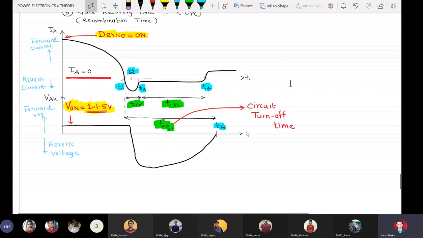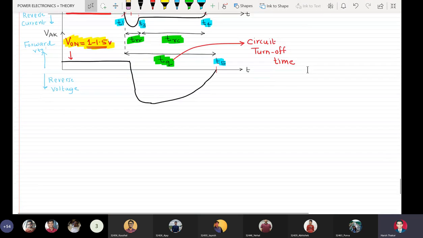So from T3 to T4 the current is reverse, it is negative.